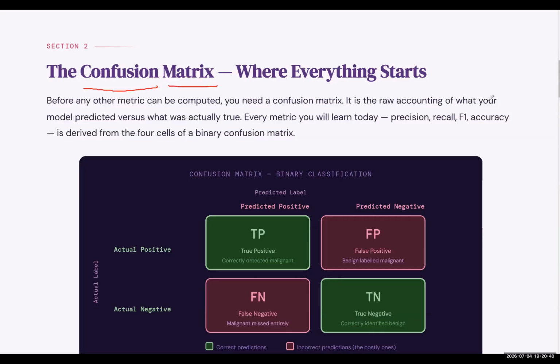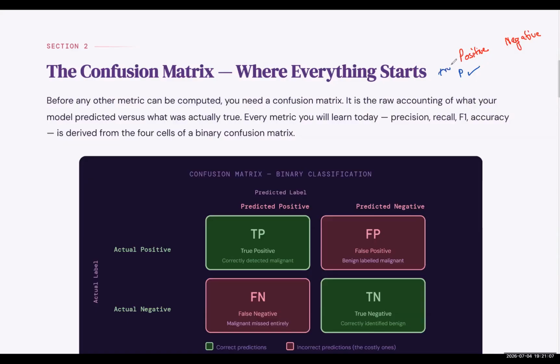So when a matrix is known as a confusion matrix, what it does is show you what your model has predicted versus what is actually true. So there are two types of positives and negatives. Suppose your model has predicted positive and your model has predicted negative. Your model could have predicted some positives which are actually positive.